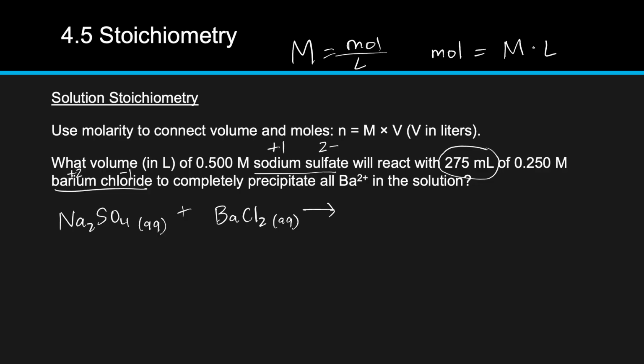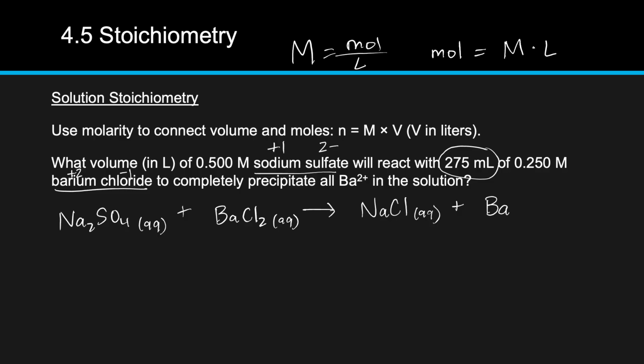Now we need to make our products. So this sodium is now going to pair with the chlorine. That's NaCl. You should know already that NaCl dissolves in water, but if you didn't, it is part of the AP chemistry rules because it has sodium in it. And then we have our barium pairing with our sulfate.